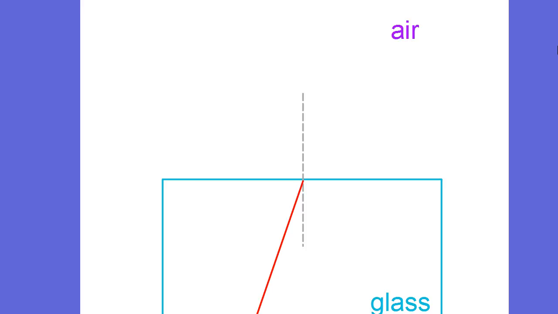So for example, if light is going there, I've just realised that you can't see the word glass on all of these, but that's fine. So we've got a beam of red light. Unfortunately, I've chosen not to put the arrows on, so I'm going to have to keep putting those on.